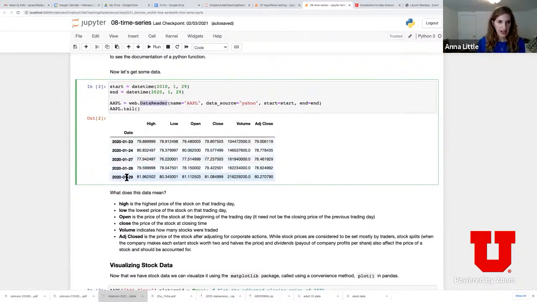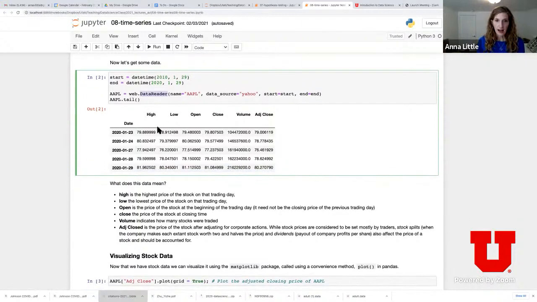We have the dates here in the first column, and then we have a couple of things. We've got the high, that's the highest value of the stock on a given day, the lowest value on a given day, what the stock opened at, what the stock closed at, volume, so how much total trading there was of that stock, and then the column that we're going to be most interested in for today's lecture is the adjusted closing.